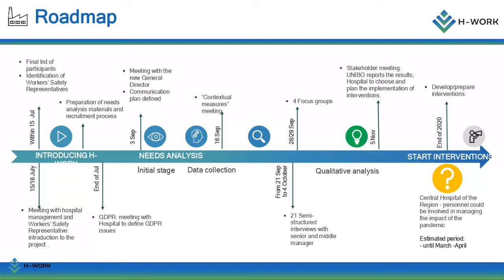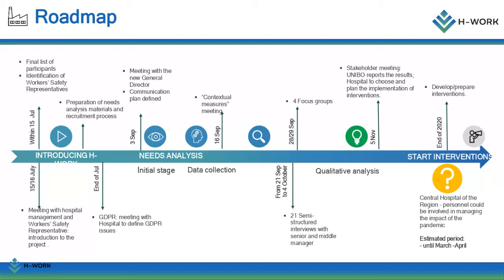They would then get in touch with the hospital and discuss how to ensure a good ethical process, the GDPR process. Then Bologna went back and set up a meeting with the new Director General, and they agreed a communication plan. Then in September, we started data collection, as outlined just by Carolyn.